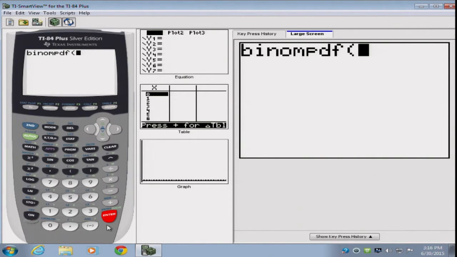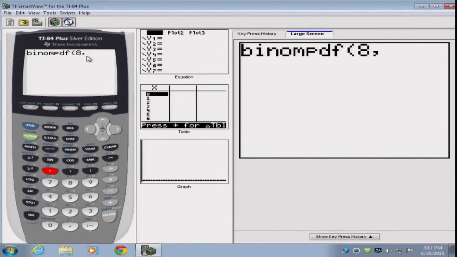Now, some of you would be looking at a screen that says trials. And so you would type in how many people we had. That was the 8. For those of us with this operating system, we just have to know that the first thing the calculator needs is how many do you have. Okay, so the N always goes first. And then we will need a comma.